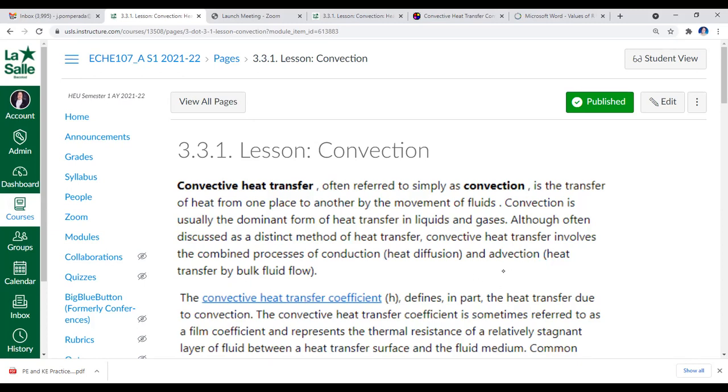When you speak of convection, we have in mind purely that there has to be flow of fluids, whether it's liquid or gases. But specifically, class, it does not stand alone. It adds up to what we call conductive heat transfer, or heat transfer through diffusion and advection, so heat transfer by the flow of the bulk fluid itself.